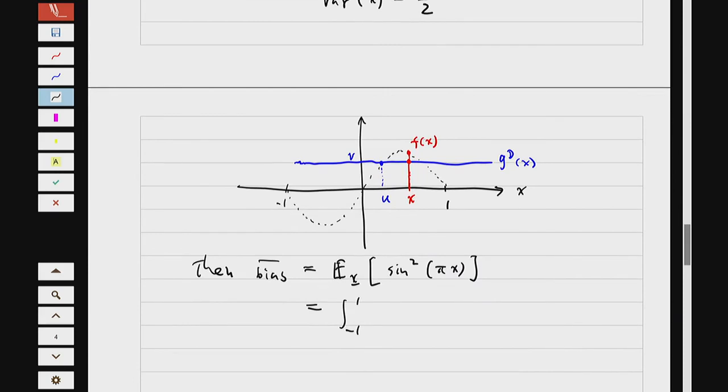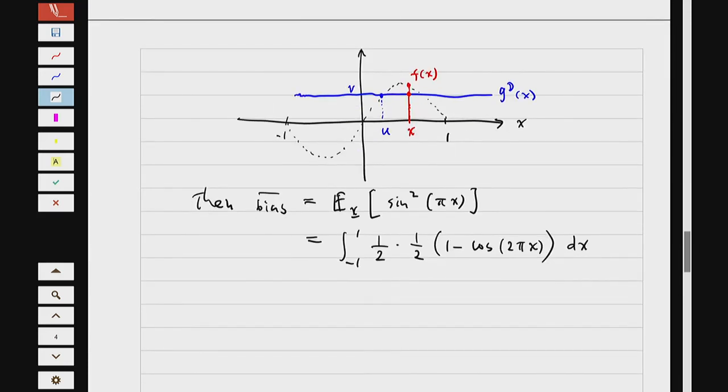To take the expectation of a function of a random variable, you put the PDF of the random variable here. The PDF is half, because x is a uniform random variable between -1 and 1 for the test data. And for the sine square, we write half of 1 minus cosine 2 pi x, dx.